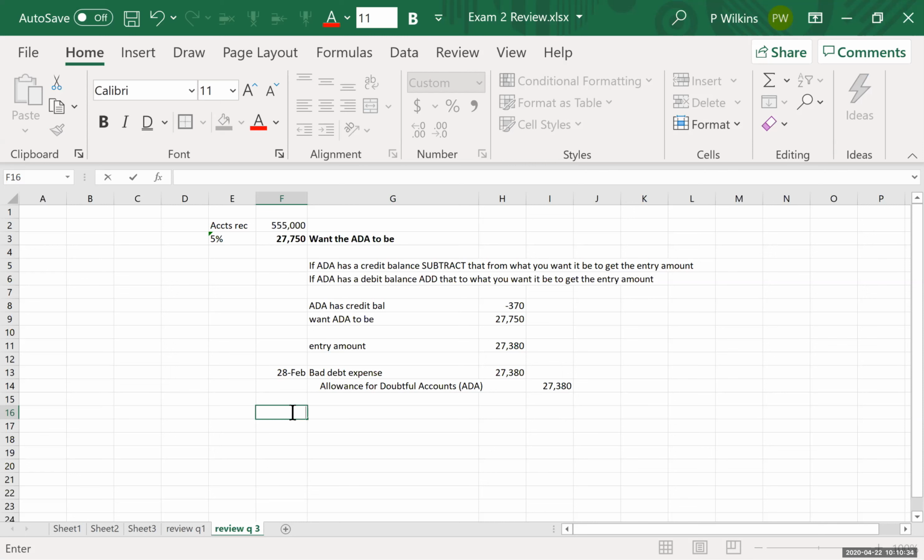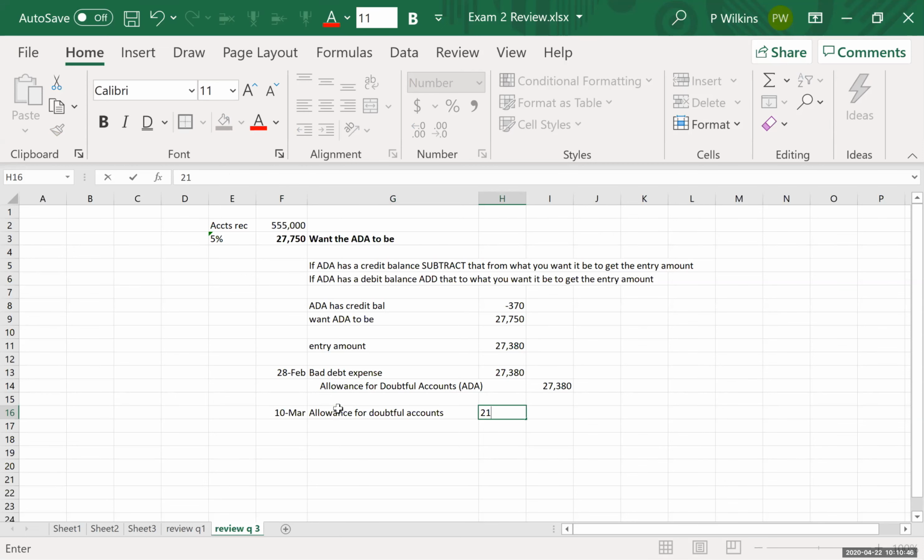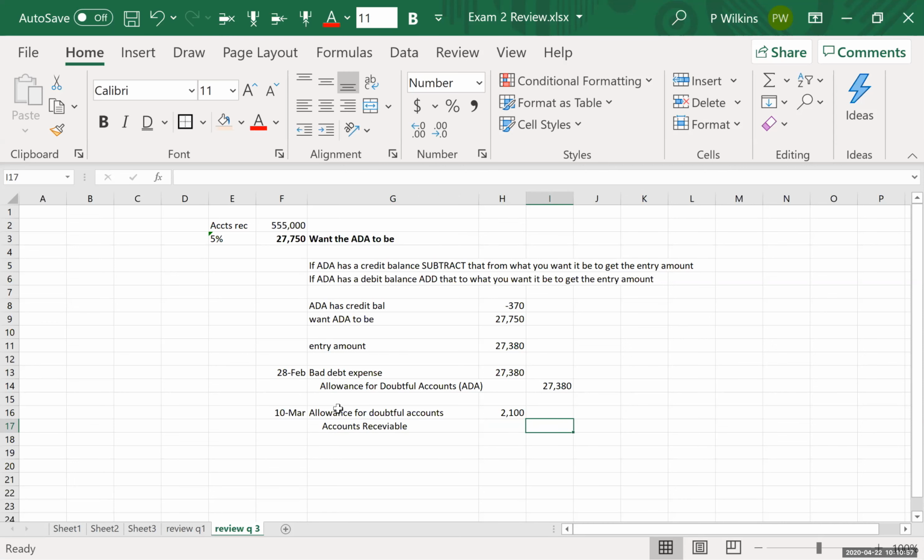March 10th, we are going to debit allowance for doubtful accounts, the amount of the debt that we're writing off, and we're going to credit accounts receivable for the actual customer account of $2,100, okay?